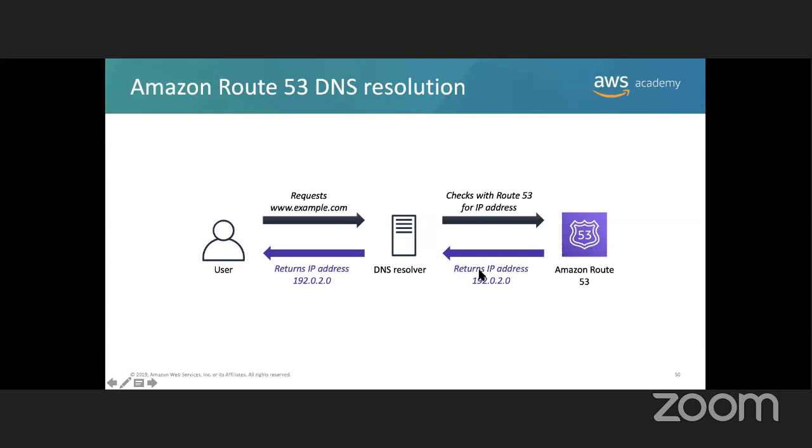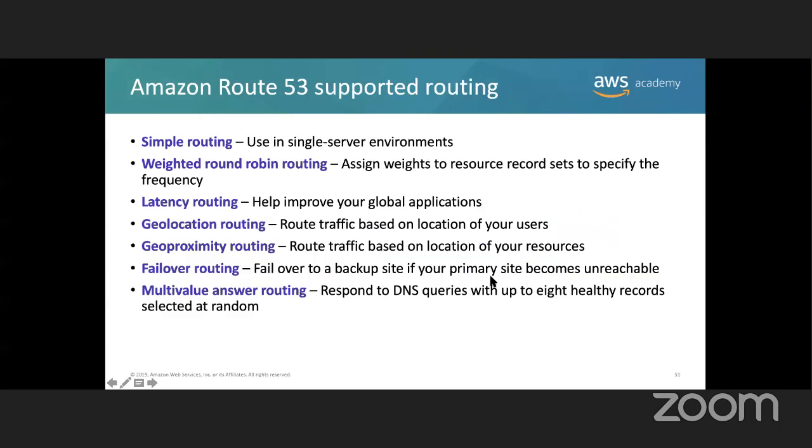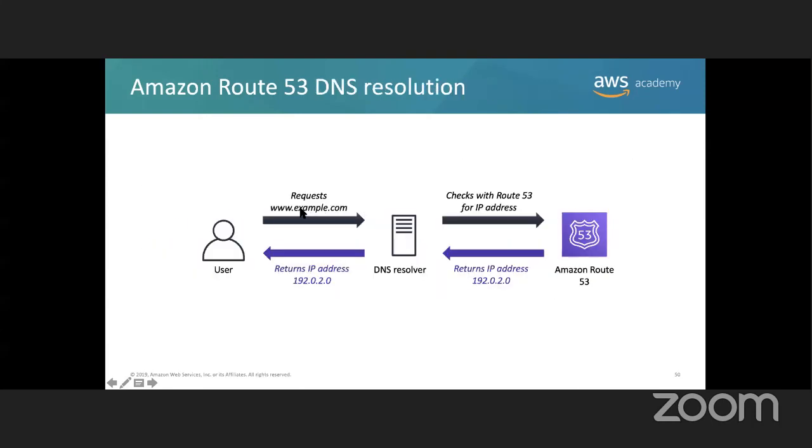Route 53 will return an IP address if it exists, which is the translation of that example.com. Then it goes back to the DNS resolver, and the DNS resolver sends that information to the user. That's how it works.